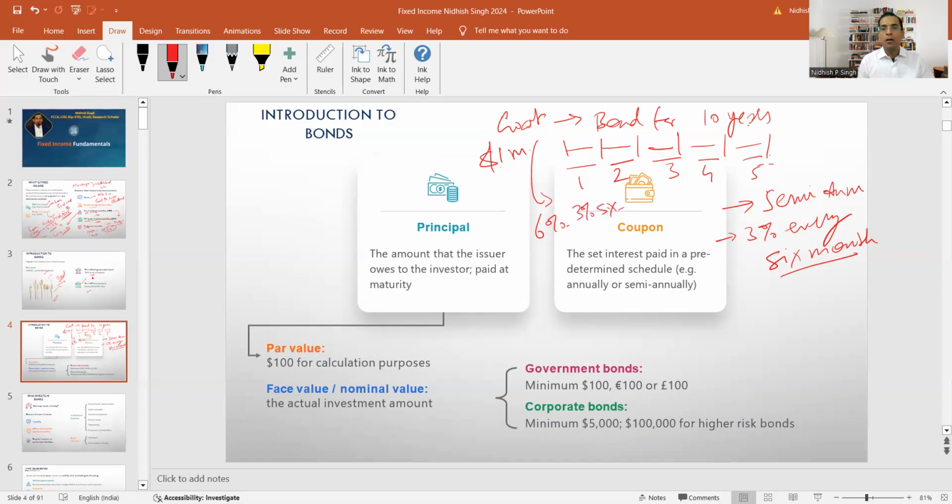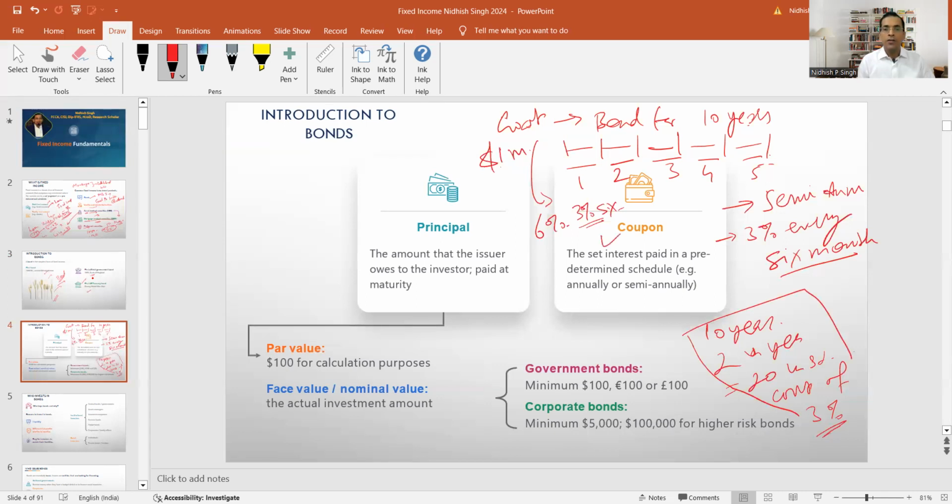So how many installments of 3%? A 10-year bond, twice a year. So there will be a total of 20 installments or coupons of 3% each. Okay, so that is the coupon.